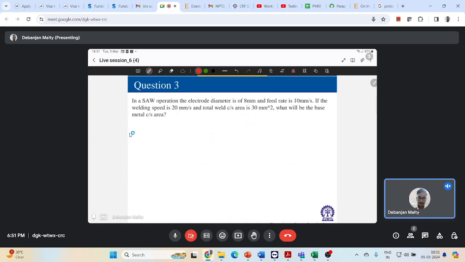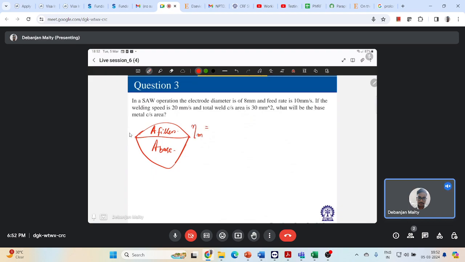So if we have a filler metal as well as a base metal, let's say this is my filler and this is my base, right? What will be my melting efficiency?